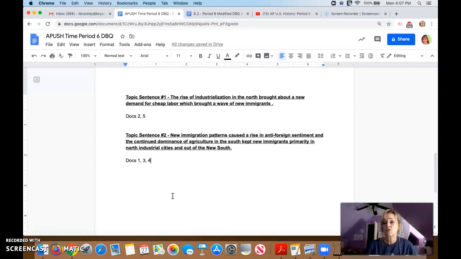I might want to talk about internal migration patterns, like the Great Migration that's going to take place with African Americans leaving the South and going to the North for industrial jobs. So whatever those are, remember, with pieces of outside information, you have to stick that piece of outside information just like you would a document.